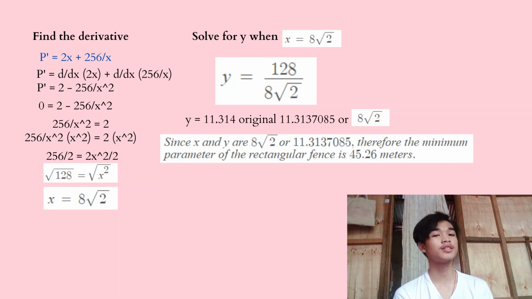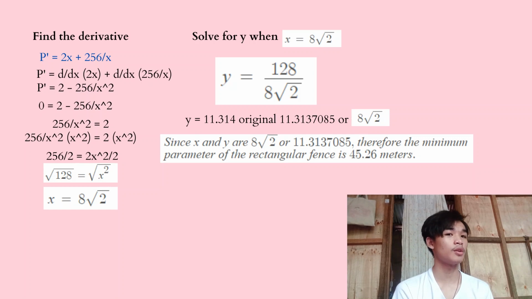Cancel out the x squareds and we will have 256 is equal to 2x squared. Now we need to remove the 2, so we divide both sides by 2. So 256 over 2 is equal to 2x squared over 2, and we will get 128 equals x squared.